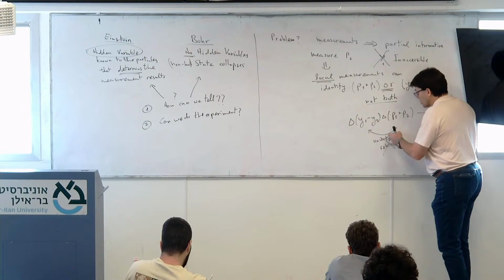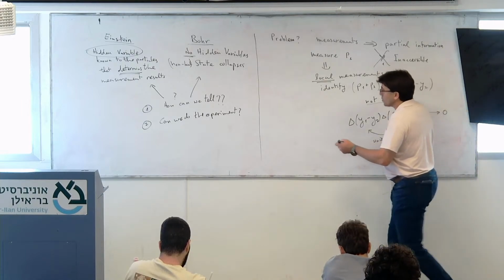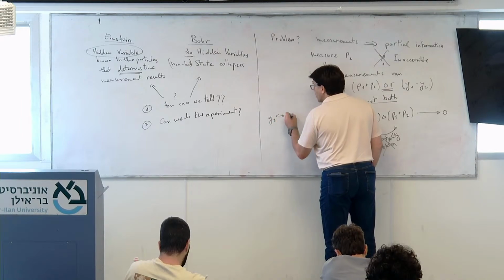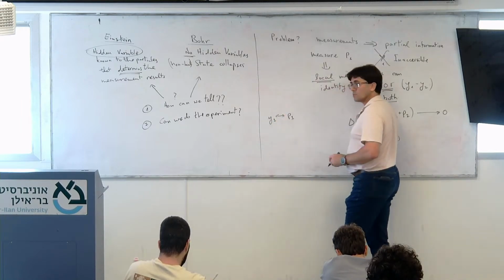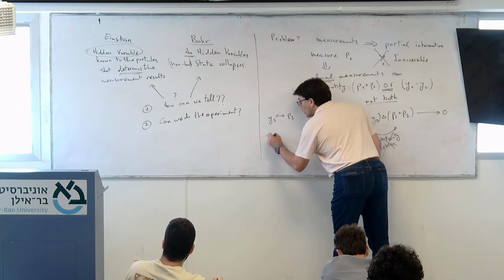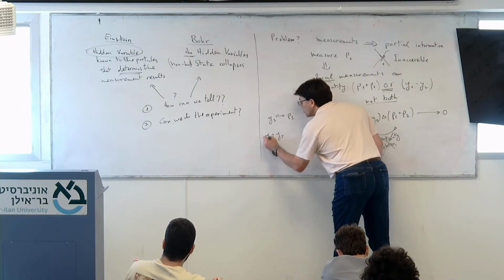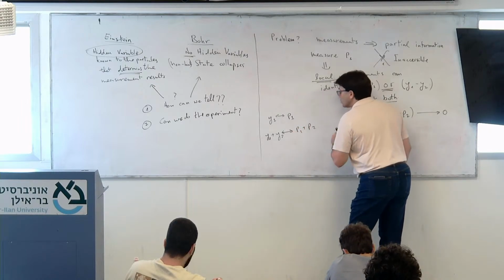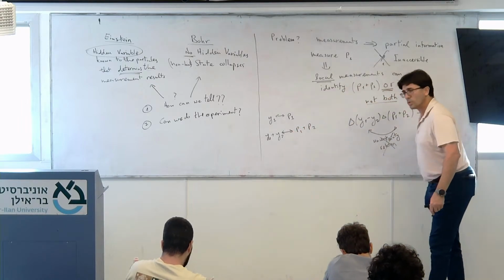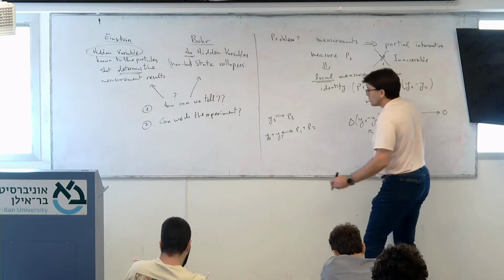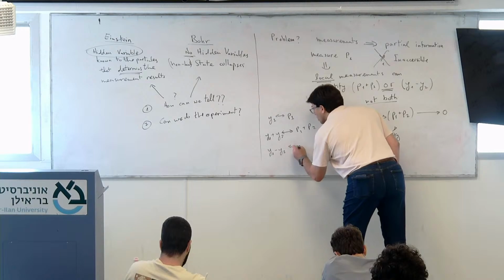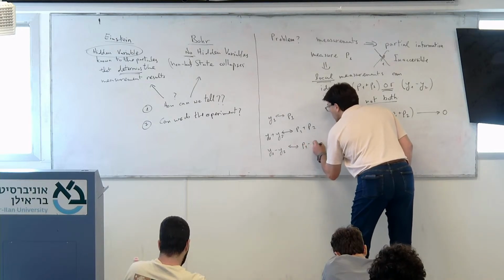Why are they not uncertainty related? Well, y1 and p1 are uncertainty related. y1 plus y2 is uncertainty related to p1 plus p2. There's an uncertainty relation between those two. y1 minus y2 is uncertainty related to p1 minus p2.